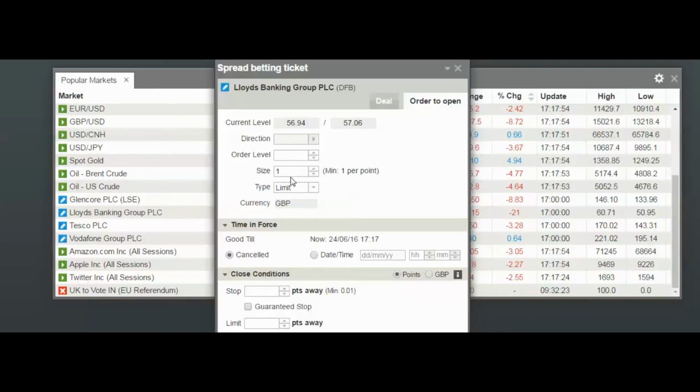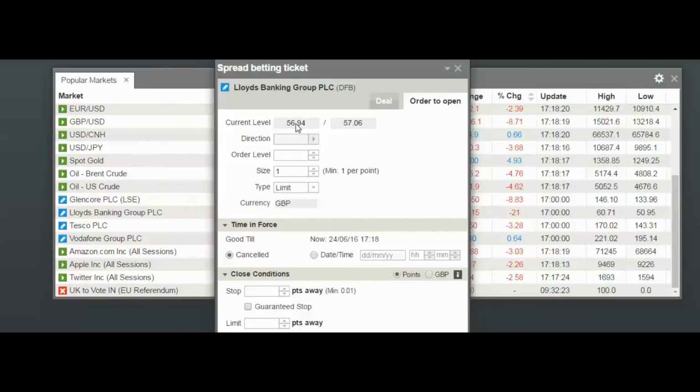So what you would do then is say, I'm happy to put a stop in place, so if the share price falls by, say, more than 16p, then I want to close the trade down at that point.